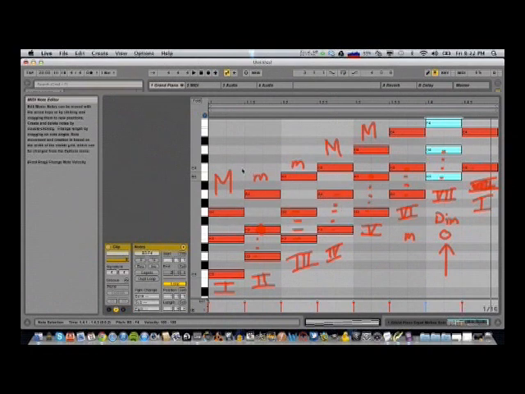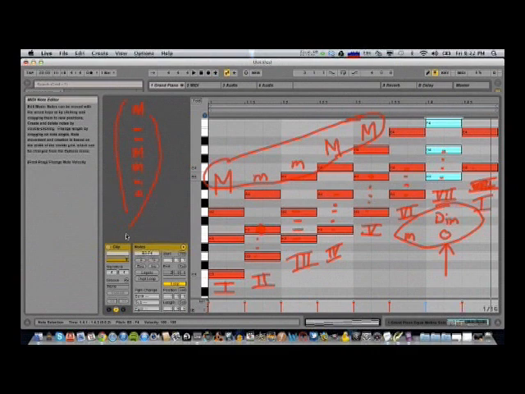So our pattern, the diatonic chord progression pattern, is this. Including this. So that is to say, I'll write it over here: major, minor, minor, major, major, minor, diminished. That is the pattern.